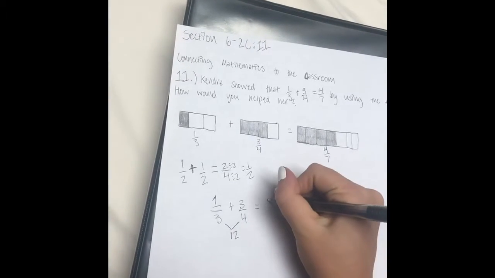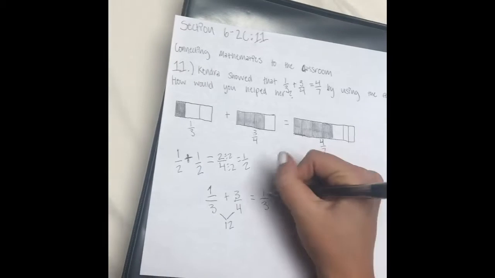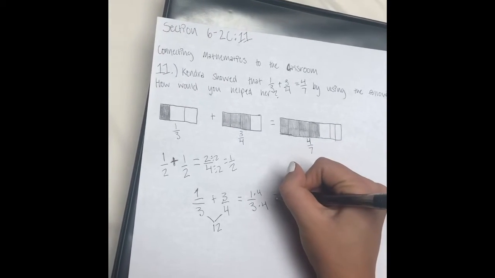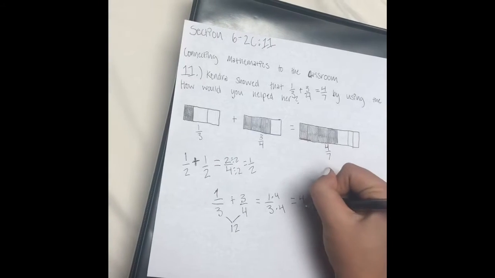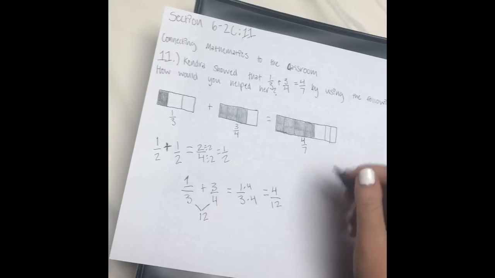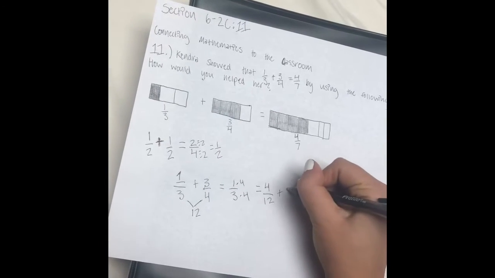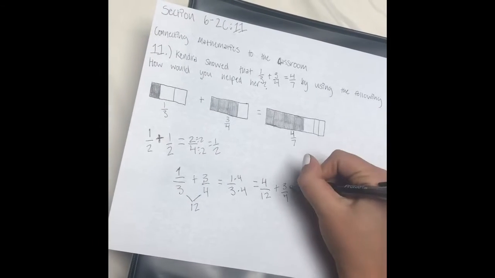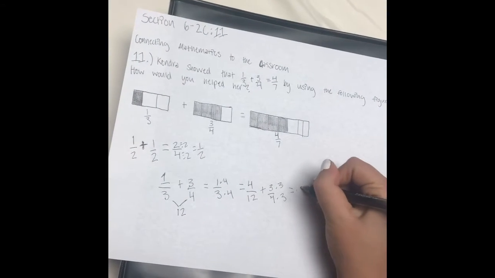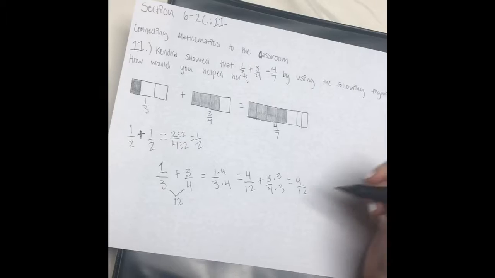So this means we have to multiply both of our denominators by something in order to get 12. In this case, we have 1/3, multiply this by 4, we get 4/12, and then 3/4, multiply this by 3, and we end up getting 9/12.